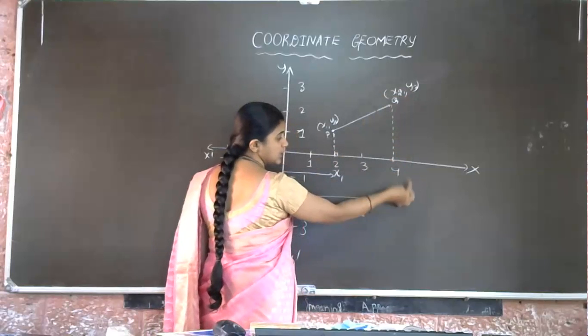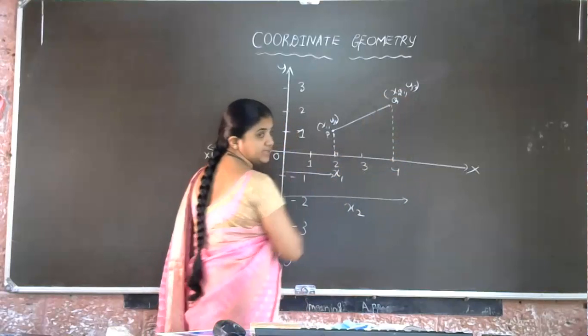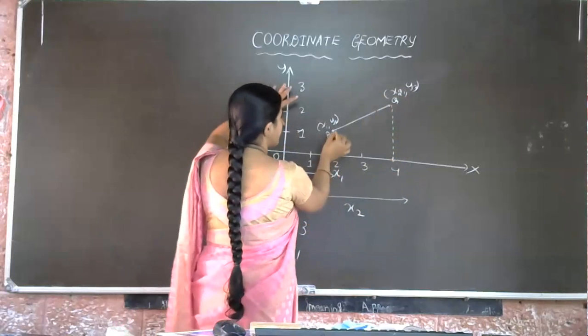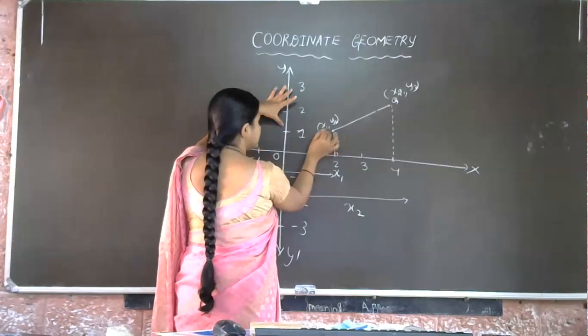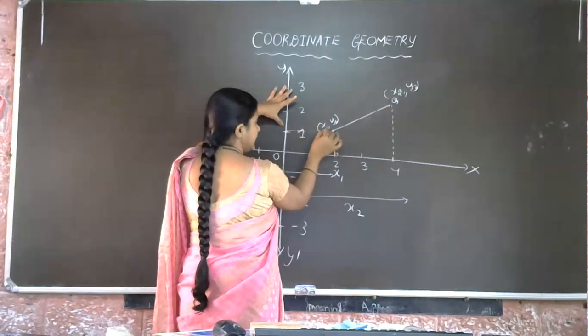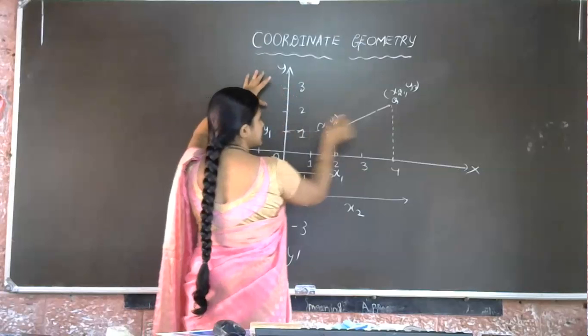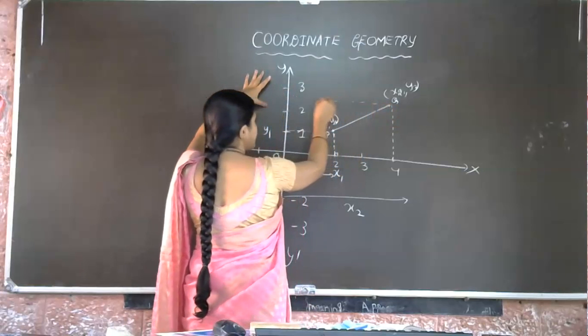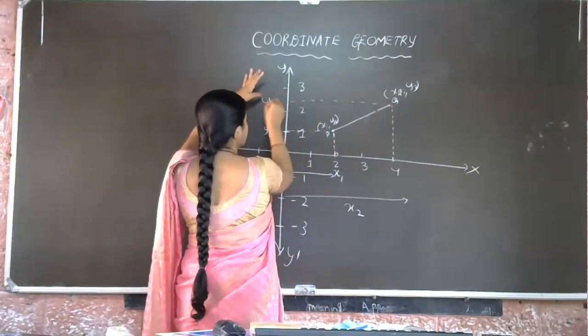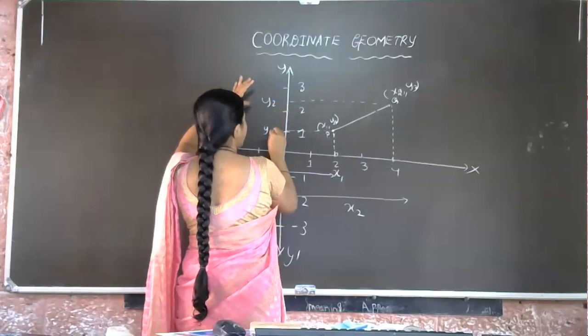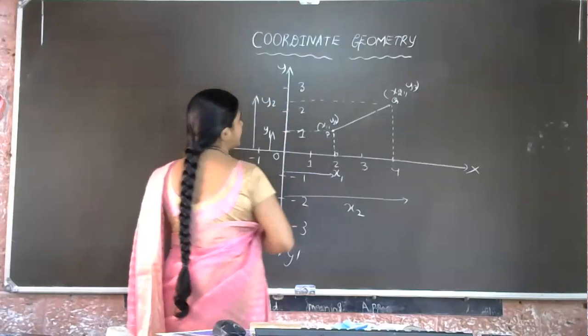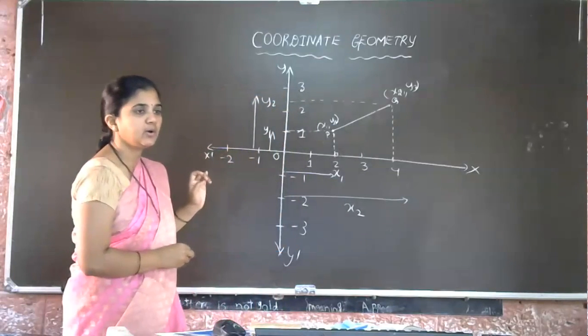This is length x2, and this is length x1. In the same way, we join this one like this to get Y1, and next we get Y2. So this is Y1 length and this one is Y2 length. Are you observing?